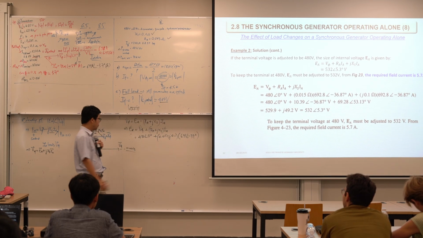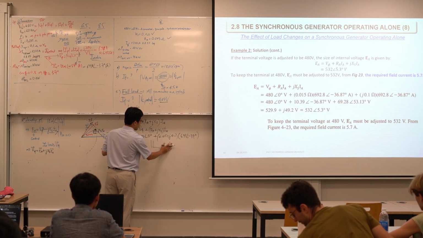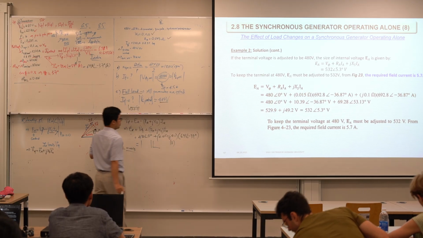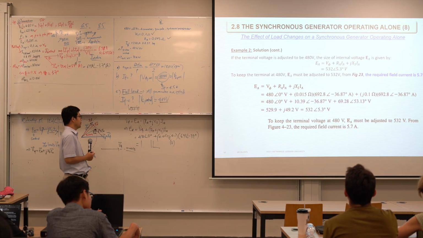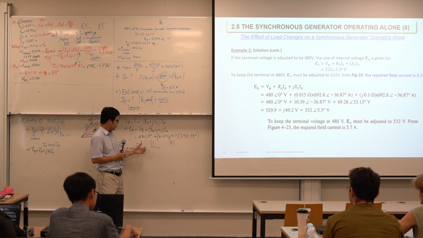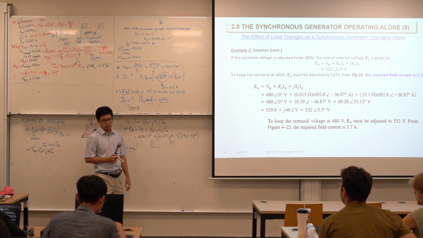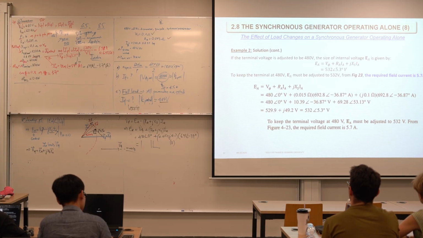So how many magnitude and phase angle, please? Calculate. We hope this one is correct. You need to practice, you know. There are some students who get to this step but get the wrong result because they don't know how to use the calculator. Please practice.